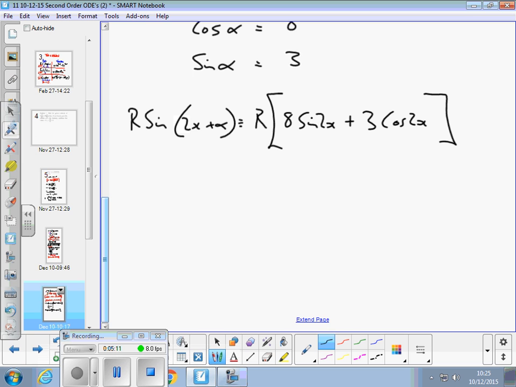Putting the r back inside the bracket for a minute, 8r sine 2x plus 3r cos 2x.